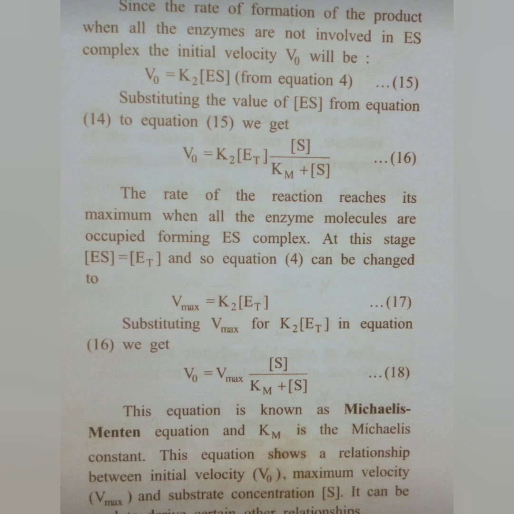So in this case, when the velocity has reached its maximum, that is Vmax, you substitute the Vmax for K2 into ET in equation 16. Now you see here, girls, in equation 16 we have K2 into ET.